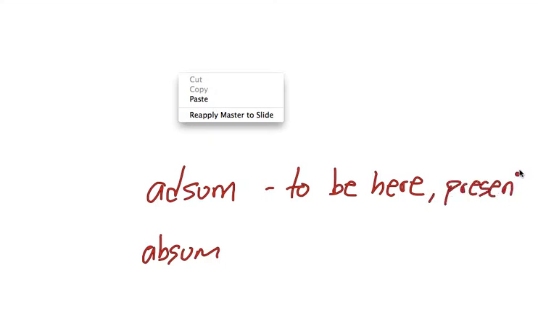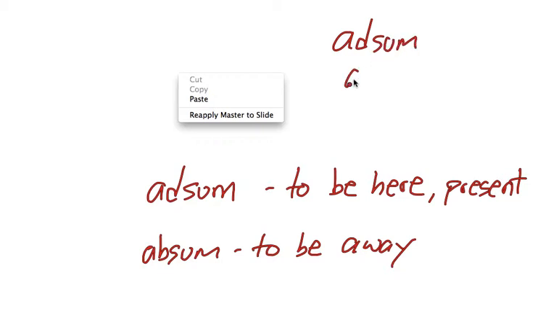I am here. And absum means to be away. They're essentially conjugated like sum. So if we were to conjugate adsum, it would be adsum in the present tense, ades, adest, etc. Right? And the imperfect would be aderam, aderas. Right? So it's pretty simple. You just take the prefix and you add it to sum.